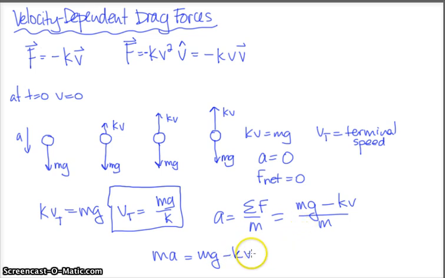So we have to substitute in the fact that the derivative of the velocity is the acceleration, and we get the equation m dv dt equals mg minus kv. And that is a first-order linear differential equation which we need to solve in order to find the velocity as a function of time.